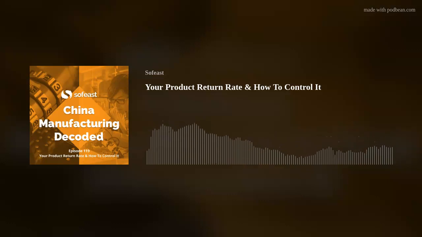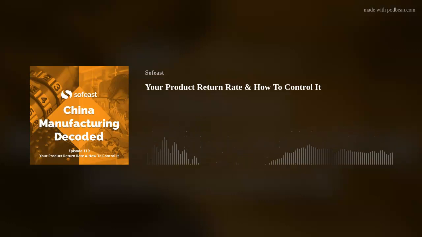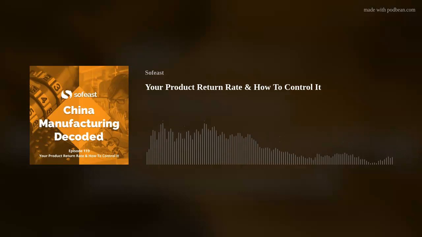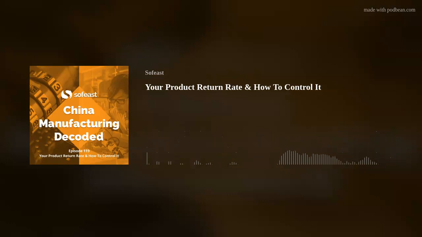So we make sure in Agilian Tech that all the products that we design go through, first, of course, engineering evaluation of the design itself.